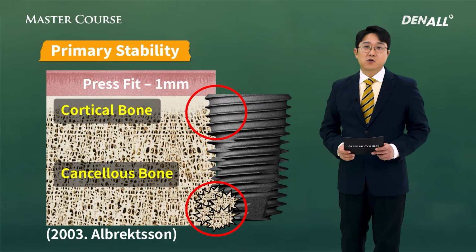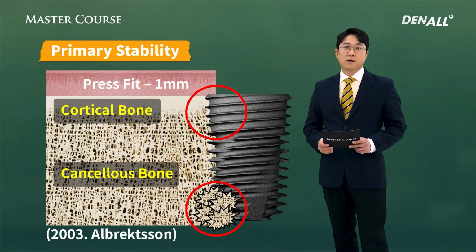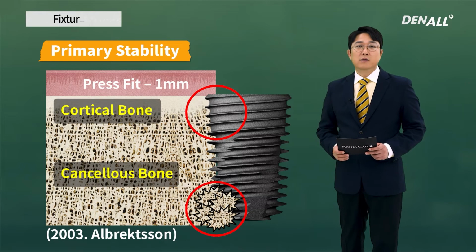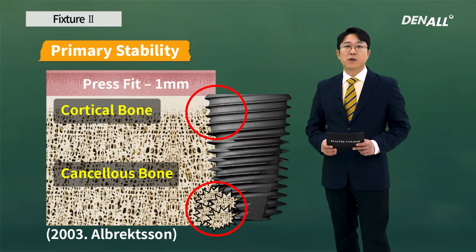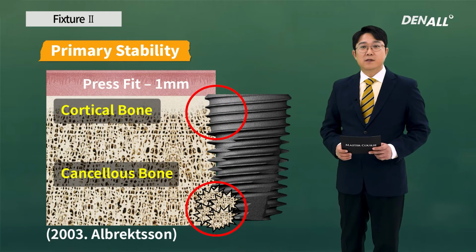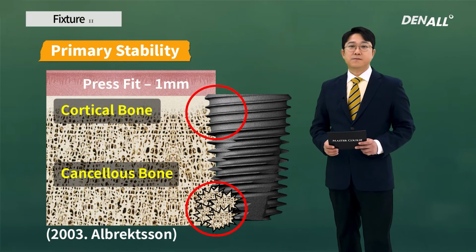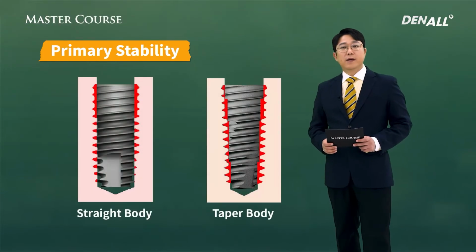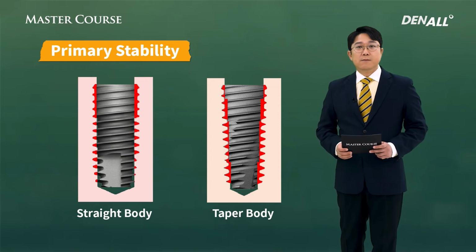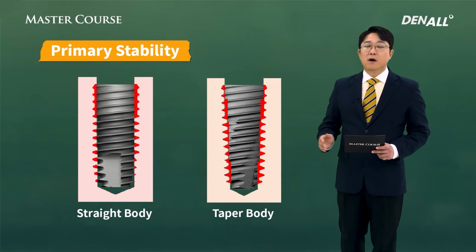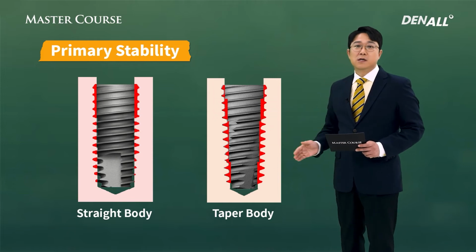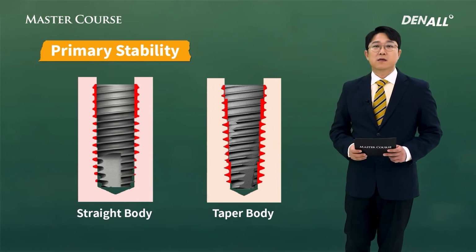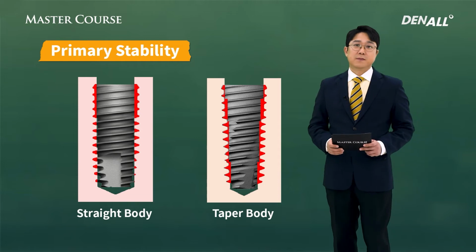That way, implant primary stability can be achieved. Lau et al. in 2012 said the primary stability is achieved due to the mechanical engagement of the cortical bone. In summary, the primary stability can be achieved by making the implant have more contact with the bone so that appropriate strong fixation can be achieved.